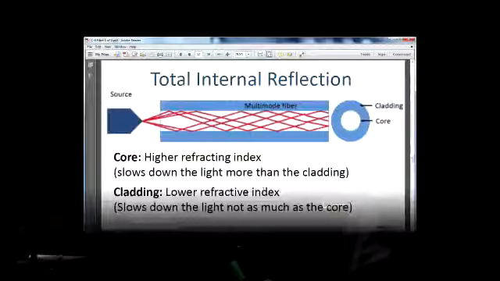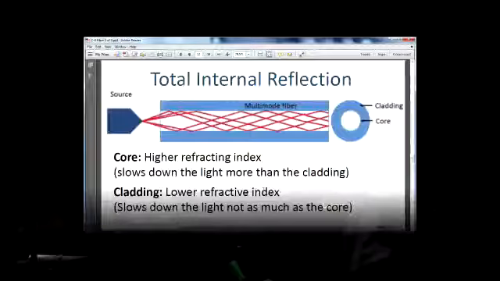Now, the core, where the light travels, will have a higher index of refraction. The cladding is going to have a slightly, tiny bit lower index of refraction. 1% is enough.